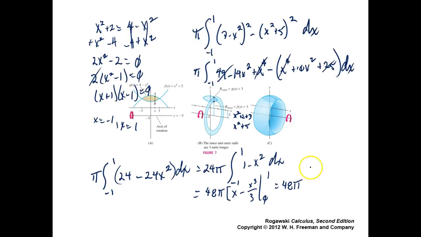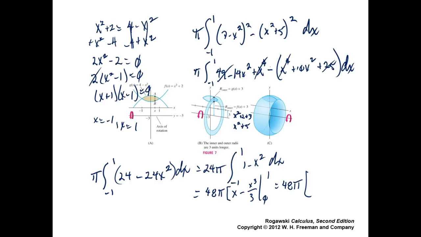Alright, and what do we have here? See why I like to have the 0 in there, it makes it so much easier. This will be 1 minus 1 over 3. 1 minus 1/3 would be 2/3, right?